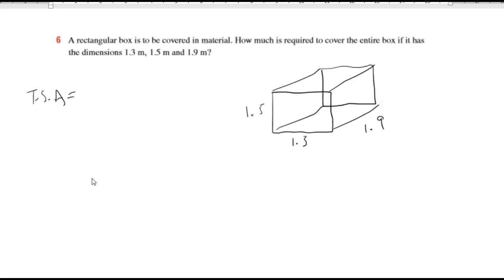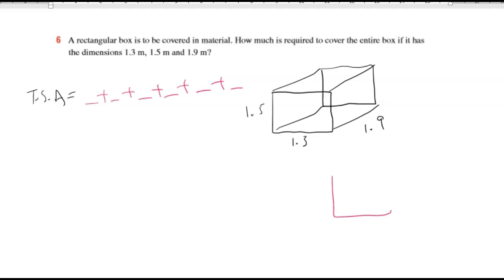Like I did before, I counted up how many surfaces we have. A rectangular prism will always have 6 surfaces, so 4 around the side and 2 at the end. So you can, if you like, continue to do that. So we're at 1, 2, 3, 4, 5, 6, and then draw the different shapes.